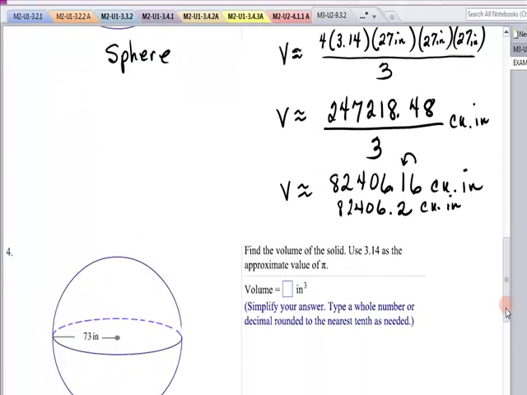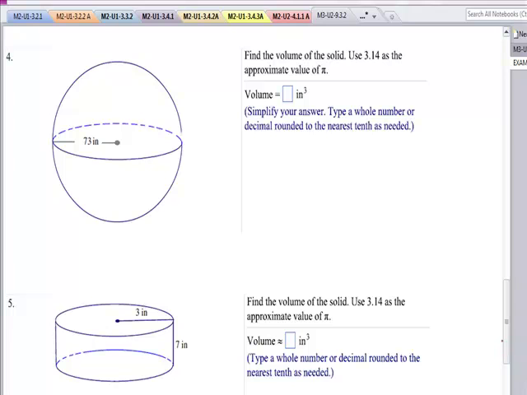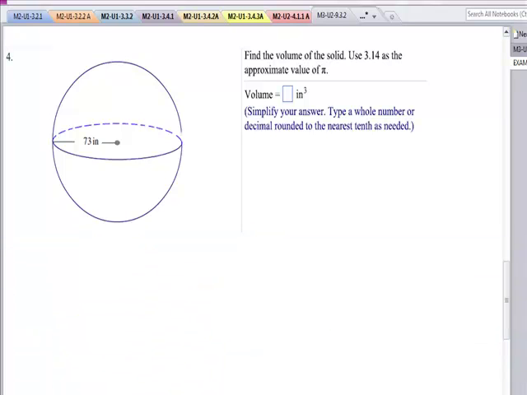Let's practice another one of those. Volume of a sphere. The volume is 4 pi r cubed divided by 3. This is even going to be bigger.